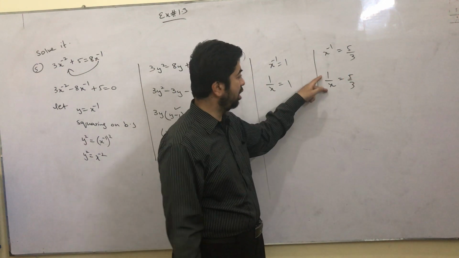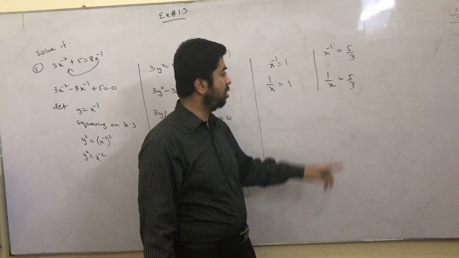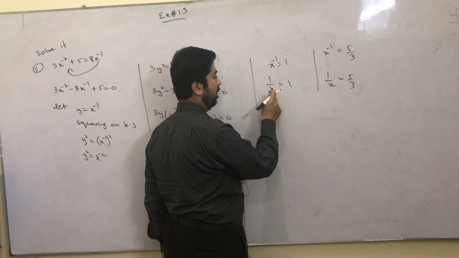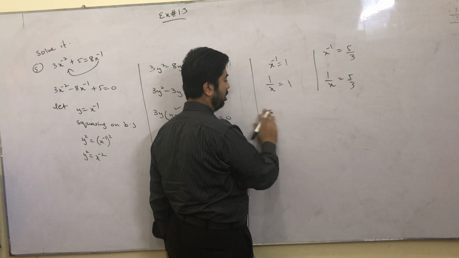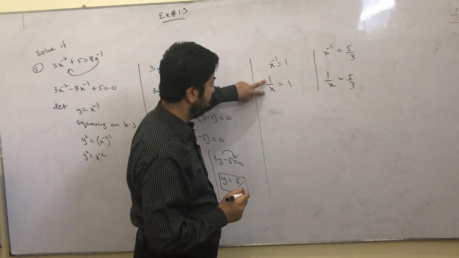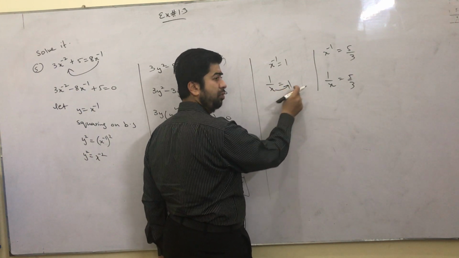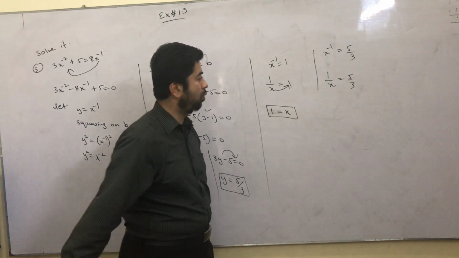You can write 1 over x or x inverse, because after moving towards the numerator, it must be x raised to power minus 1. So x here and 1 here, or you can write it as x is equal to, after reverting, x over 1, or you can multiply x with 1, so 1 is equal to x, meaning that the value of x is equal to 1.